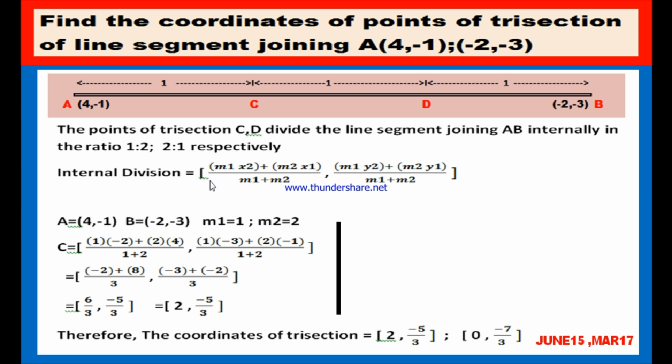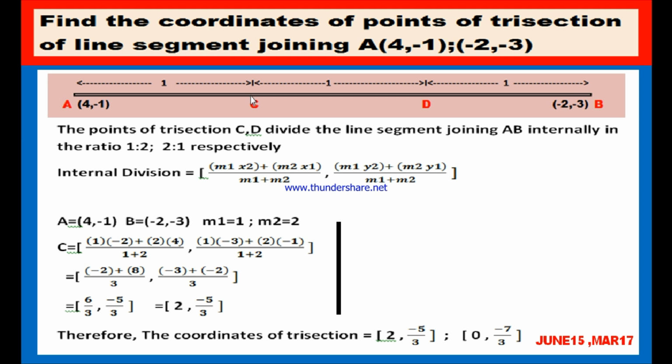Here the coordinates of A are (x1, y1) = (4, -1), so x1 is 4 and y1 is -1. The coordinates of B are (-2, -3), so -2 is x2 and -3 is y2.